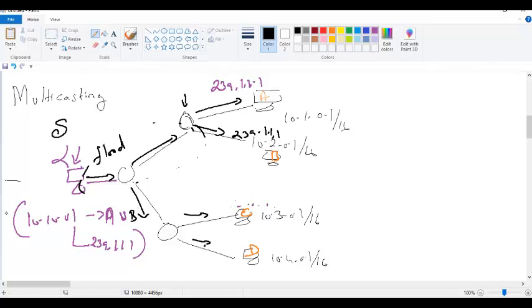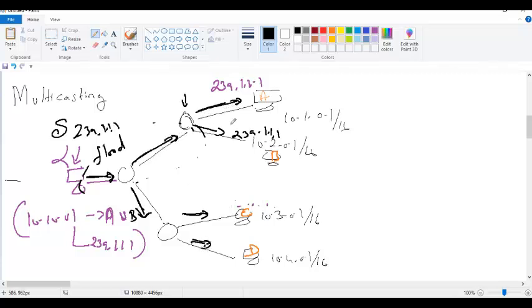See, it's multicast traffic. The source is sending to 239.1.1.1. But the packet is flooded from the source to all links, to all devices.